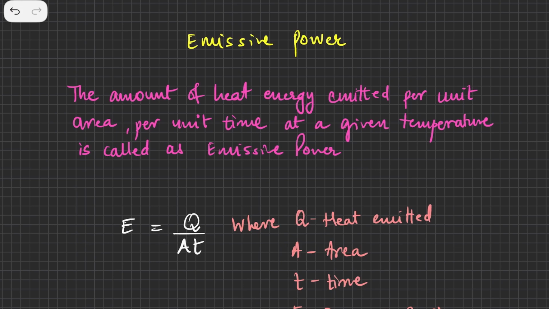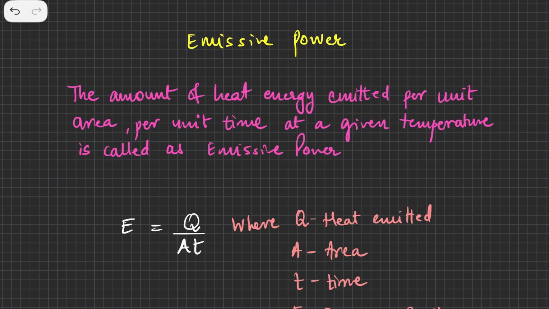The amount of heat energy that a body emits per unit area and unit time at a fixed temperature is called the emissive power.